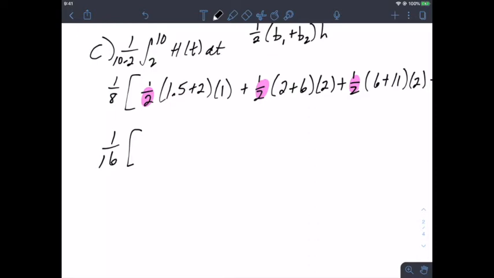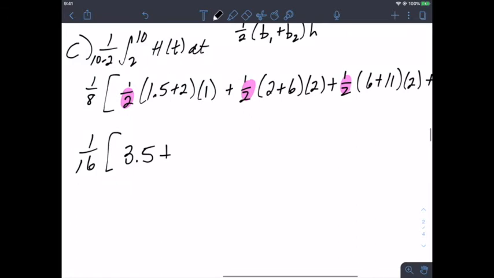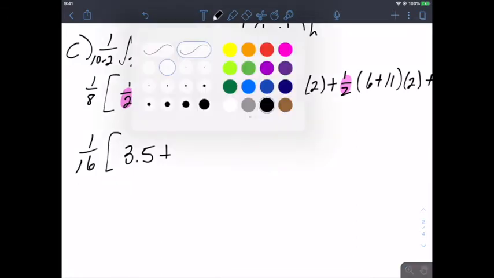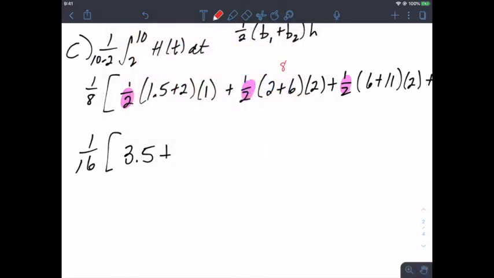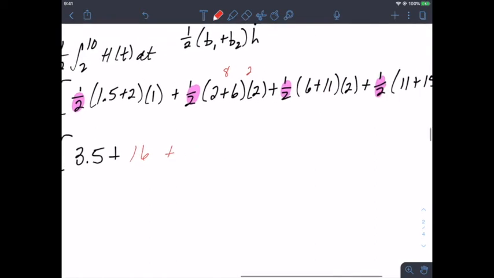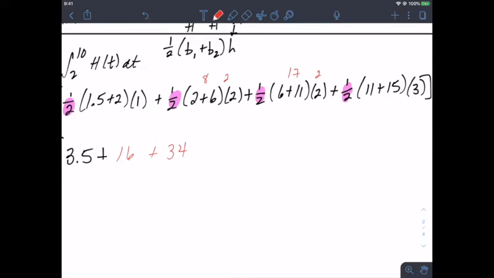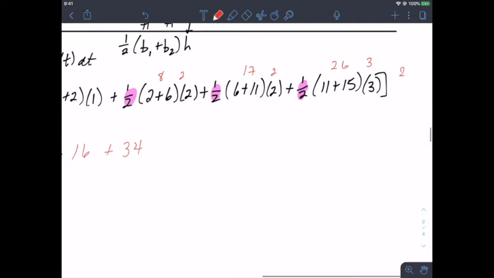And then 2 plus 1.5 would be 3.5. 2 plus 6 is 8, times 2 is 16. 6 plus 11 is 17, times 2 is 34. 11 plus 15 is 26, times 3 is 78.